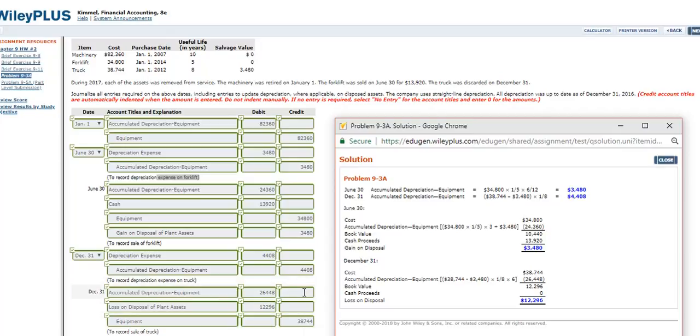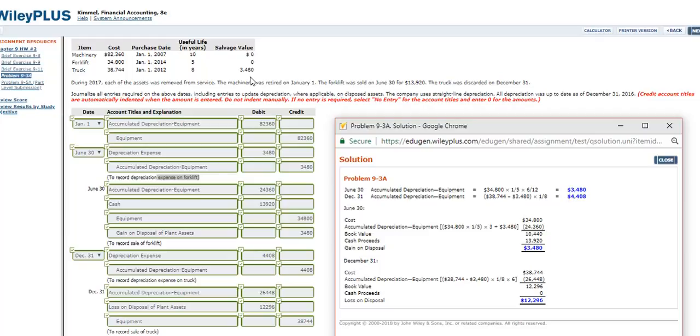For the accumulated depreciation equipment, first we need to make a subtraction. The cost of the truck, which is 38,744, minus the salvage value that we find right here, 3,480. That will give us 34,264.